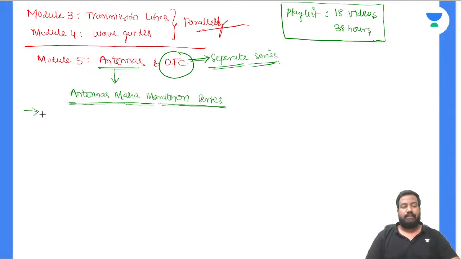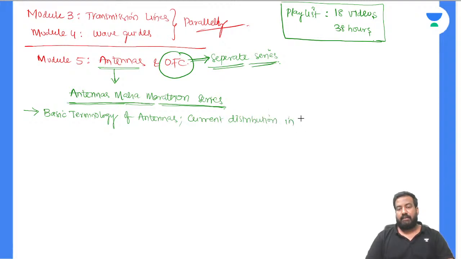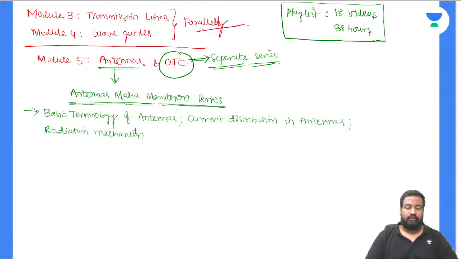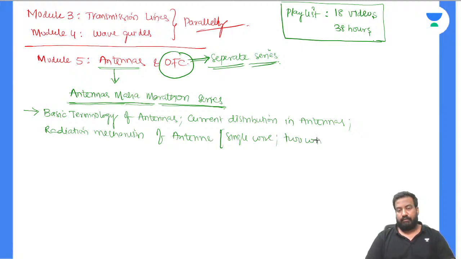In this Antennas Maha Marathon series, we started with basic terminology of antennas, current distribution in antennas, and radiation mechanism of antenna, in which we had covered single wire radiation, two wire radiation, radiation by a dipole.